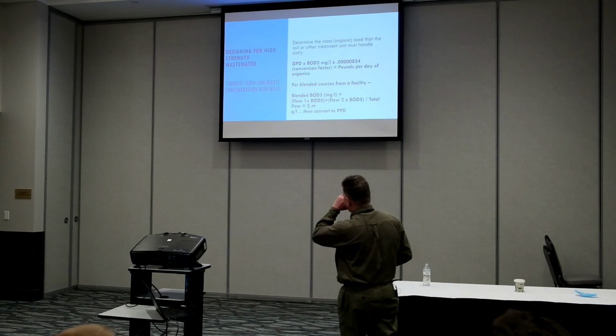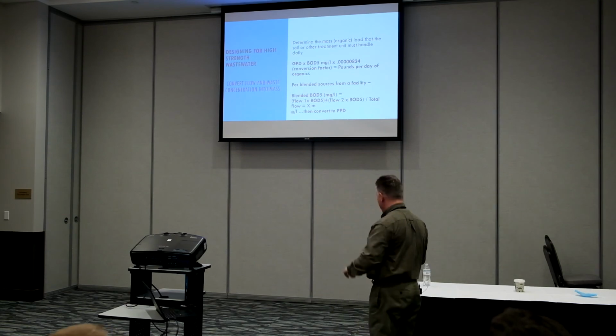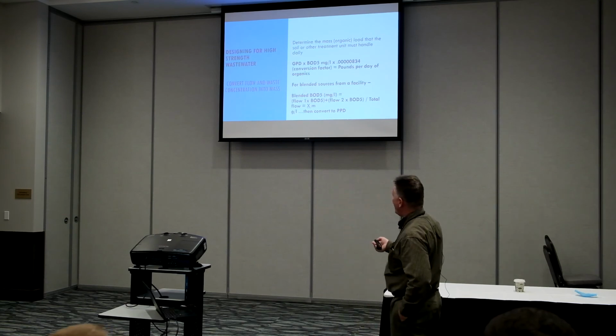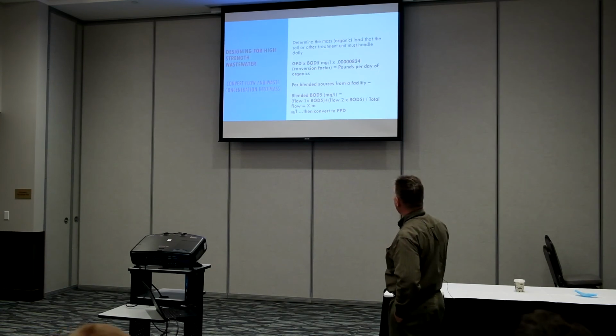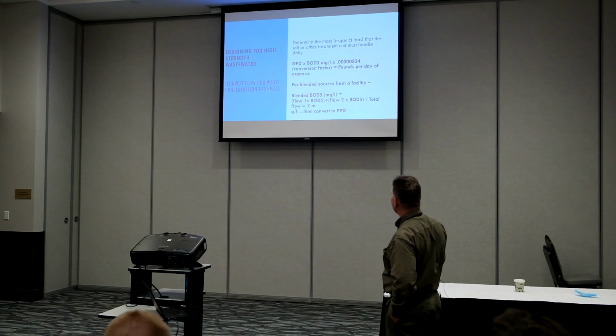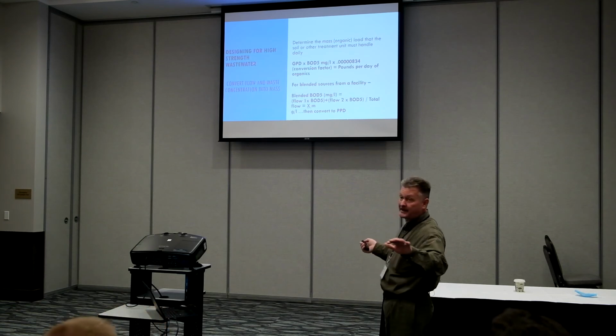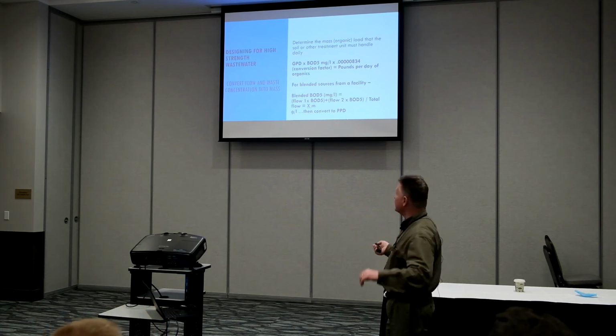So when we're designing for high strength wastewater, we need to convert the flow and the waste concentration into a mass. What we need to do is calculate the pounds per day of organics that we're relying on that treatment system or disposal system to treat.